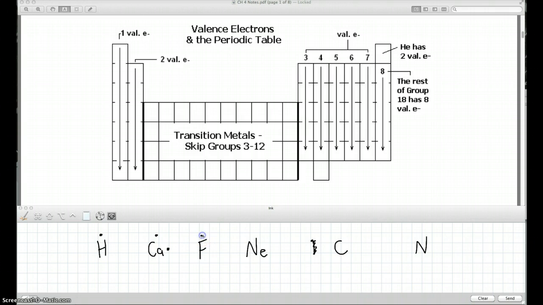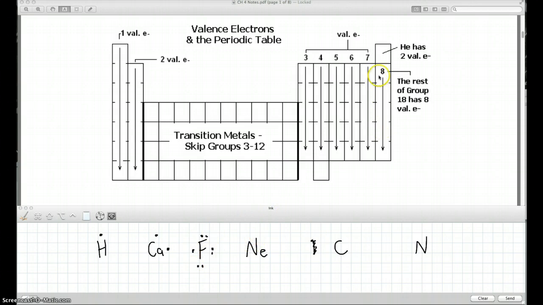You always start with 1 dot on the top, and then you can go around either side, clockwise or counterclockwise, I don't care. 1 dot on each side. Now that gives us 4. And then if you have more than 4, you start pairing them up. Here we're going to have a total of 7, and they're paired up around on each side. So top, side, bottom, side.